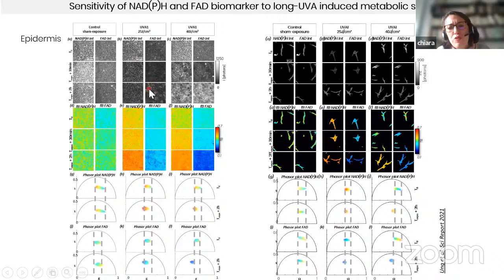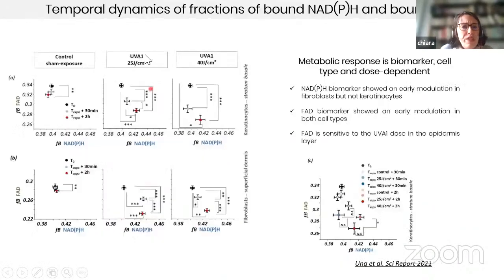And then if we pool together all the data we have, over almost 1,000 cells, we can observe something very interesting: the metabolic response is biomarker dependent, but also cell type dependent and dose dependent. In fact, we observe that NADH is showing an early modulation in fibroblasts, but not in keratinocytes.